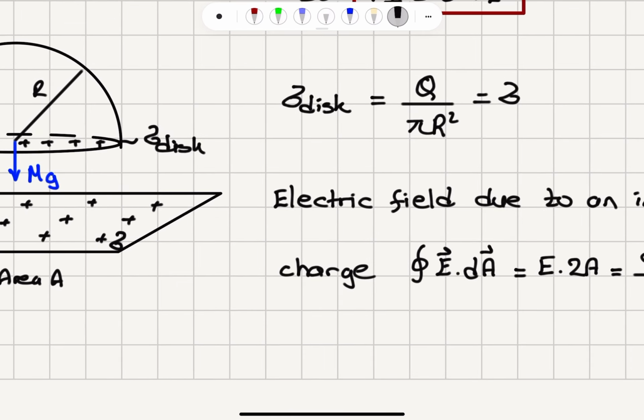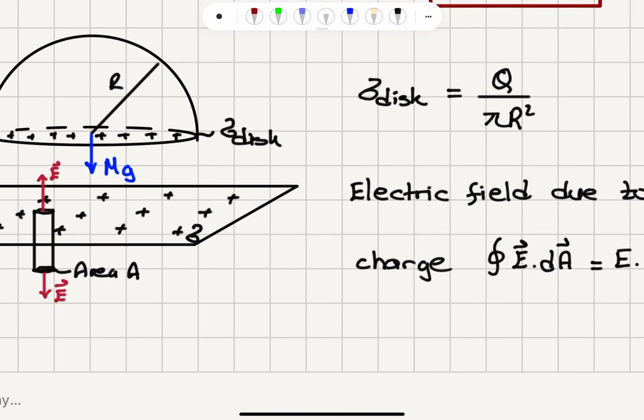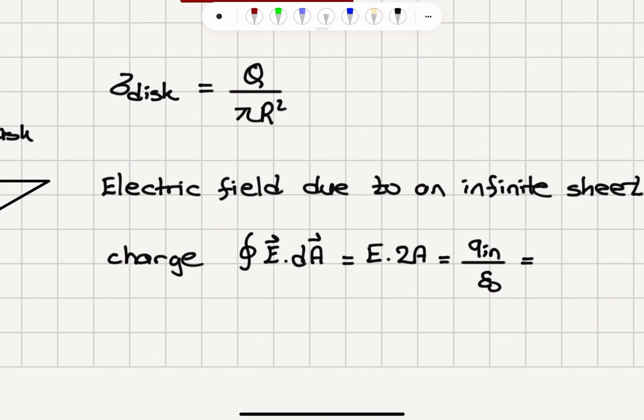So this is not sigma. What we call sigma here is that of the infinite sheet charge distribution. So we have sigma times the area of the top and bottom surfaces of the cylinder divided by epsilon 0.